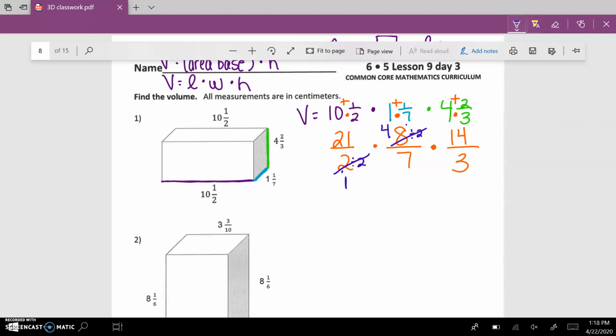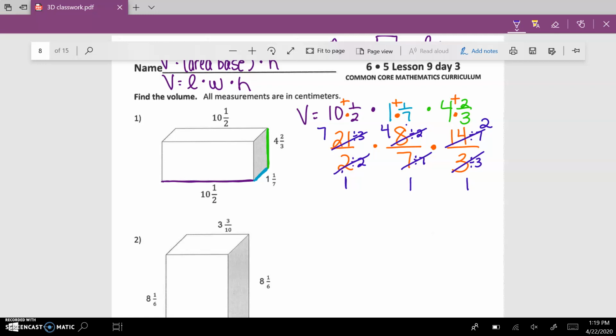Now I can also do the 7 and the 14. 7 goes into 14, so I can divide both of these by 7. This becomes a 1, and 14 divided by 7 is 2. And then one last thing, I can cross divide my 21 and 3. I can divide both of these by 3. So 3 divided by 3 is 1, and 21 divided by 3 is 7.